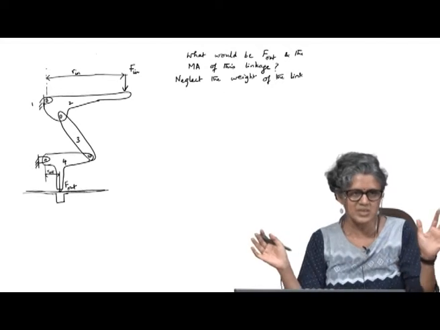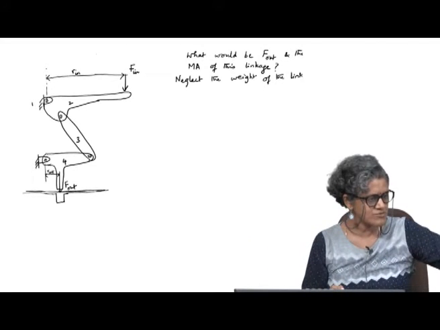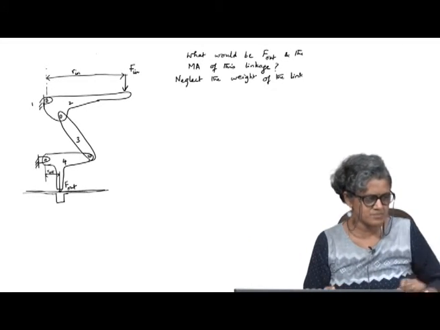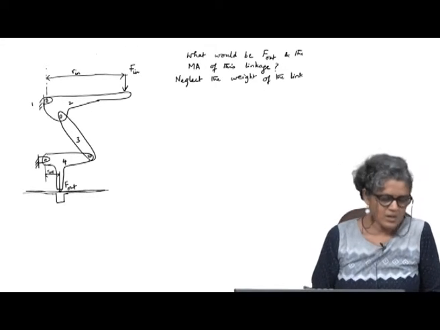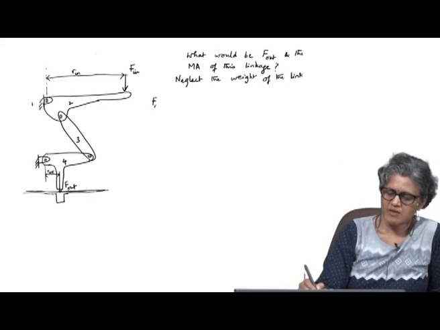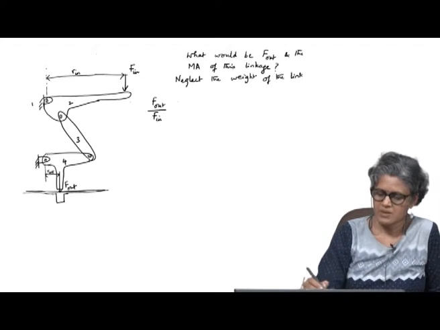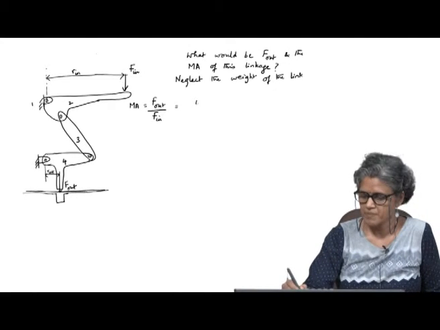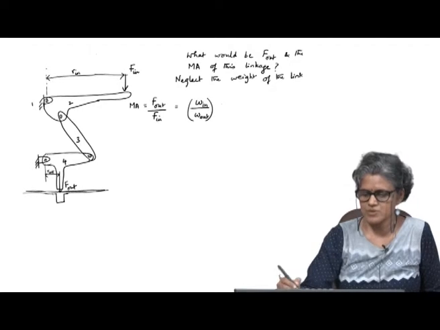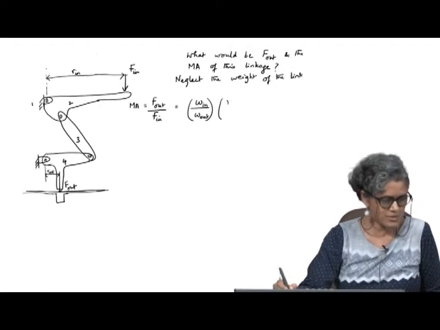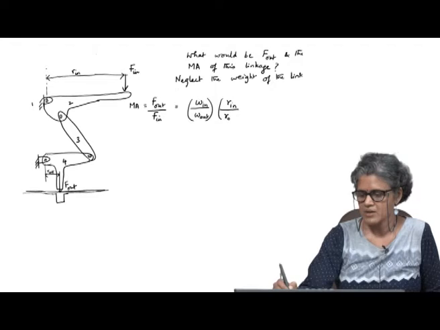So, we are assuming that there are no losses in this system. So, I have F out by F in, that is my mechanical advantage, that is equal to, I showed you, omega in by omega out into R in by R out.